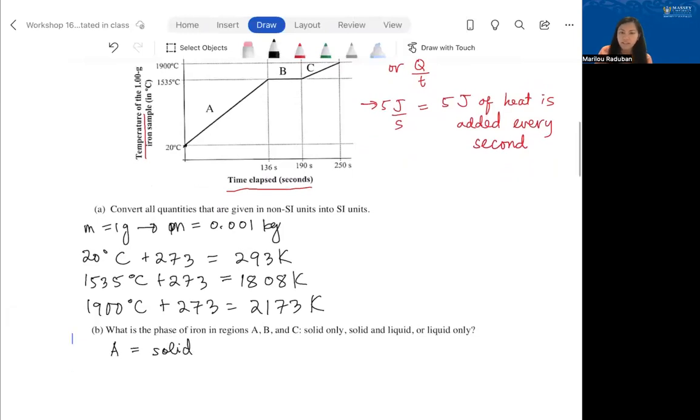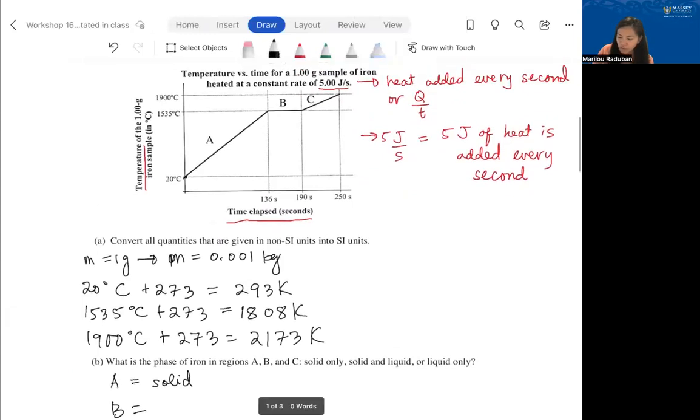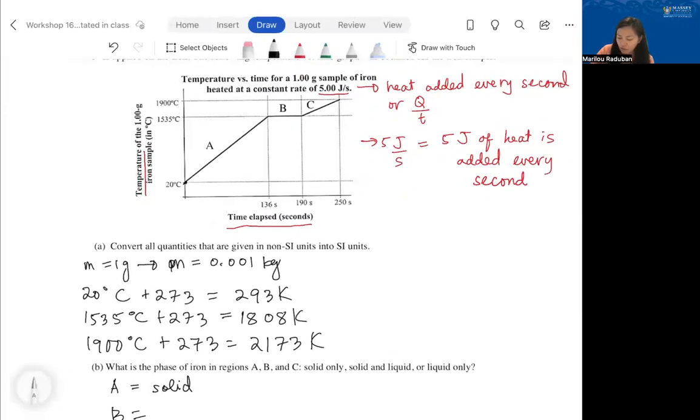will be solid. Region B: notice in region B, you're adding heat in the interval from 136 seconds to 190 seconds, but the temperature of iron remains the same at 1,535 degrees Celsius. So at region B, is iron solid or liquid, or both?